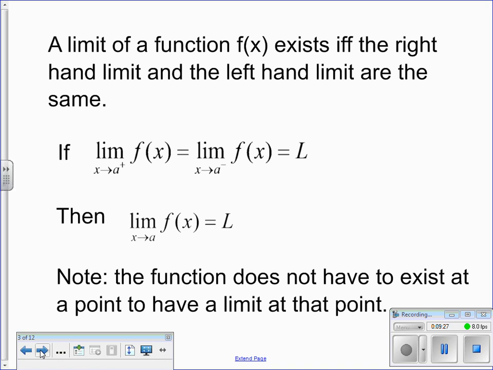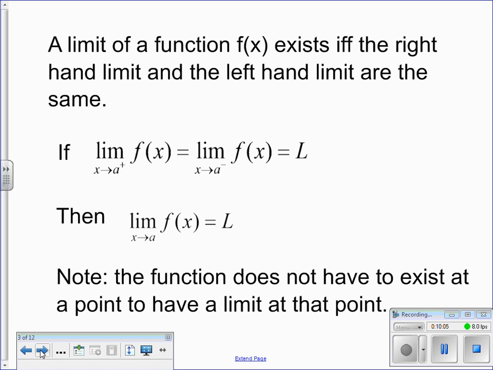Okay, this note down here at the bottom is also extremely important. The function itself does not have to exist in order for the limit to exist. It's the number it approaches, it is not the number it is. The function may not exist at the place you are taking the limit, but if it goes towards that point, there is a limit.